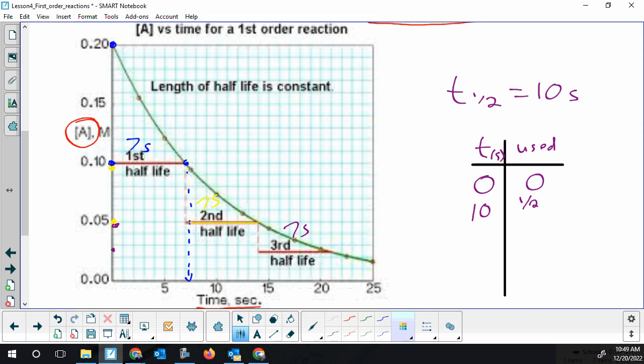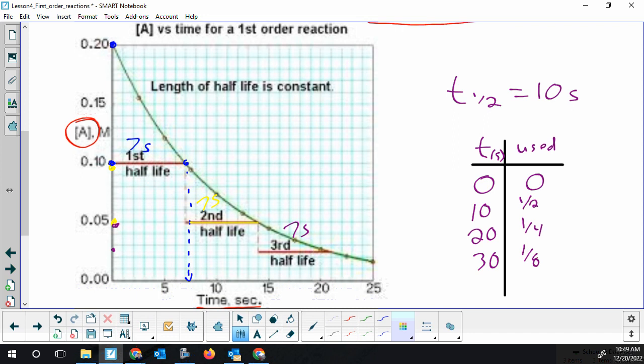If we double that to 20 seconds, that's a second half-life. So we're going to be down to a quarter of how much chemical is left. So 50%, a quarter, we've now used up 75%.